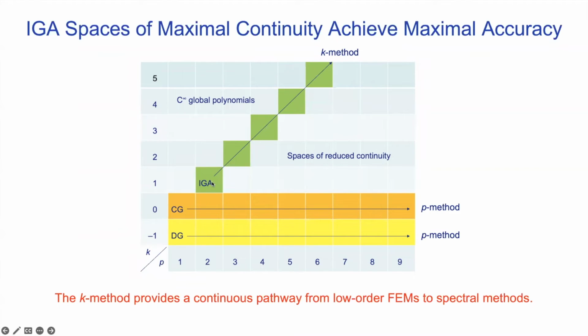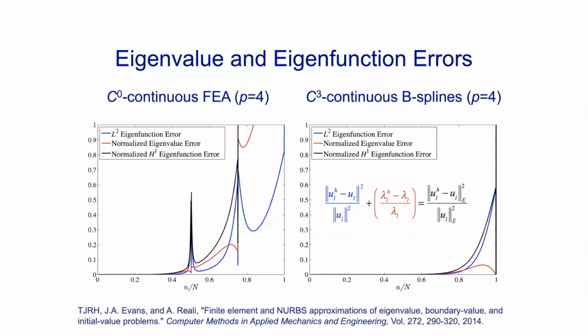And what you're doing is you're going from, say, lower order, 1, 2, 3, finite element type things, but smooth finite elements, to spectral methods. This is providing a continuous pathway from low order finite elements to spectral methods. And these are function spaces that we never had in the finite element method before. This is sort of an outgrowth of isogeometric analysis.